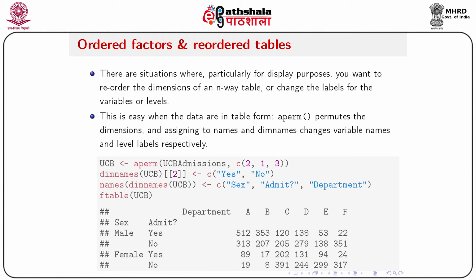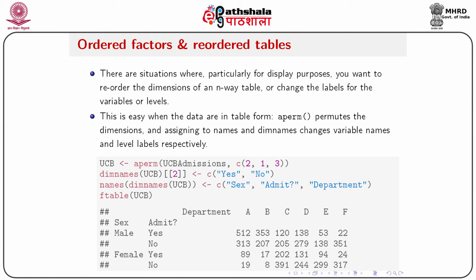If you have a data frame or a matrix, then you have to convert that into a table form object, and then you can apply this. For example, the UCB admission data available in Agresti: aperm UCBAdmissions, c(2, 1, 3), with dimension names say yes and no, and the dimension names of UCB as sex, admit, and department.